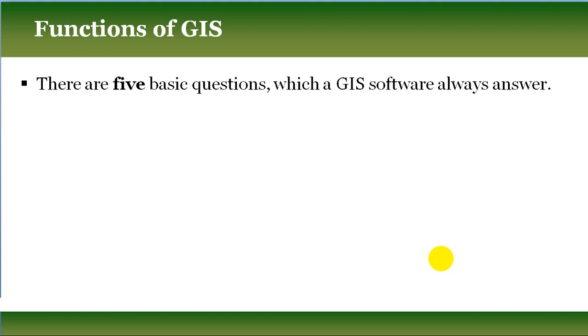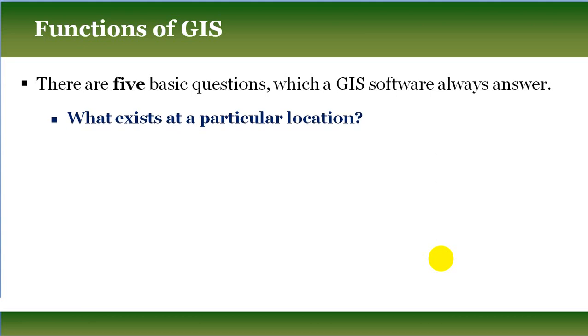But among those functions, we just try to discuss the 5 basic functions, the 5 basic operations GIS can perform, to answer the 5 basic spatial questions. Okay, so let's start with the first question, what a GIS user generally asks.